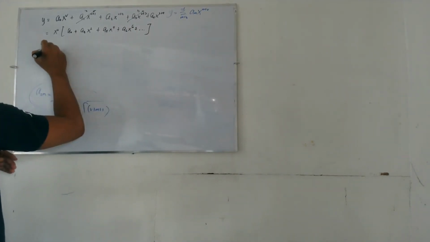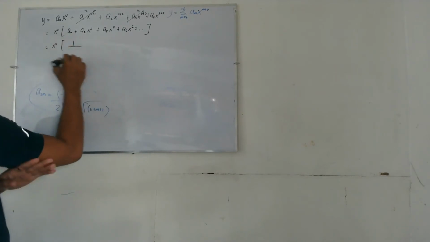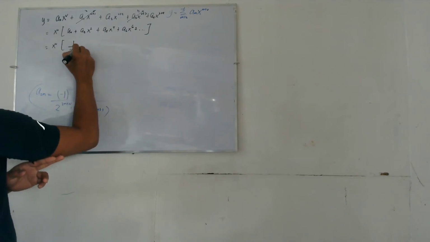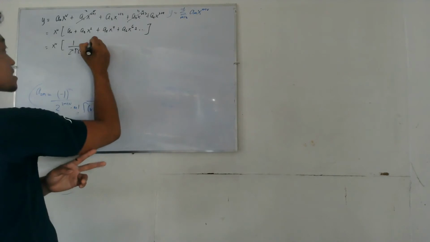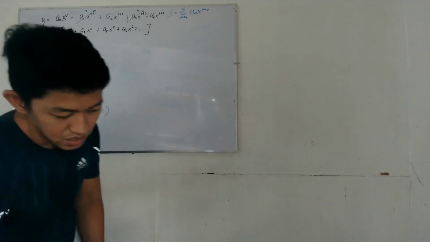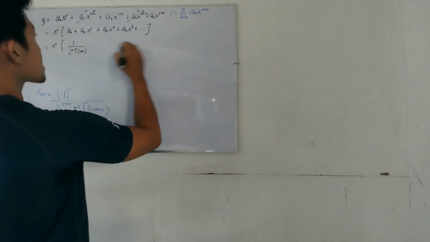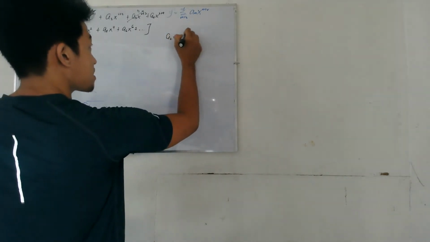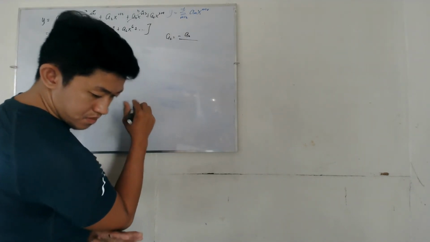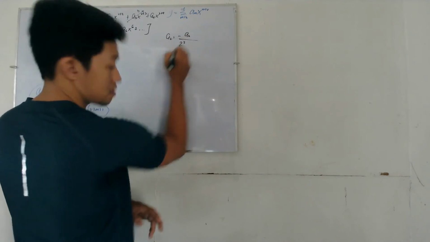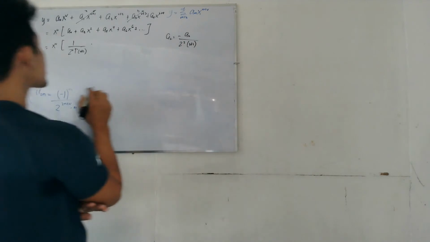I-plug in na to mga values sa inyong coefficient. x^b times 1 over 2^b gamma of b plus 1, plus a2, and a2 is negative a0 over 2 squared (b plus 1)(b plus 1). Okay?